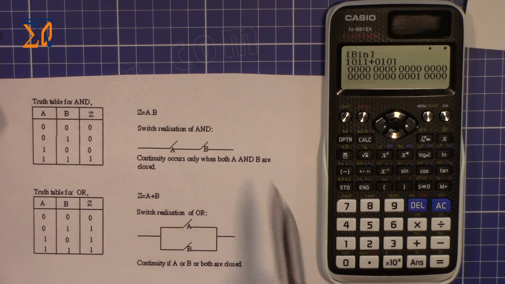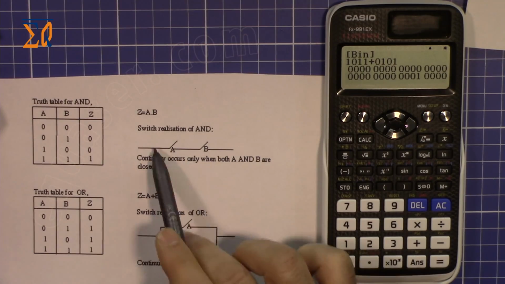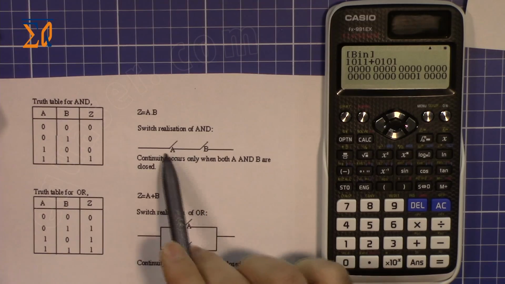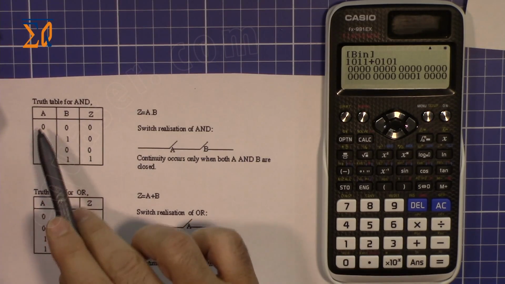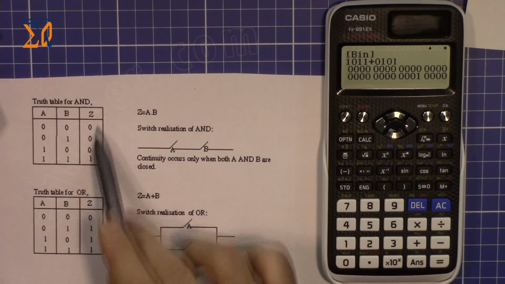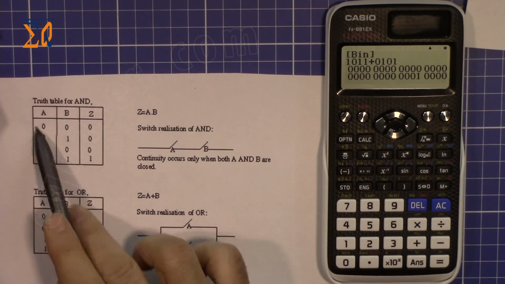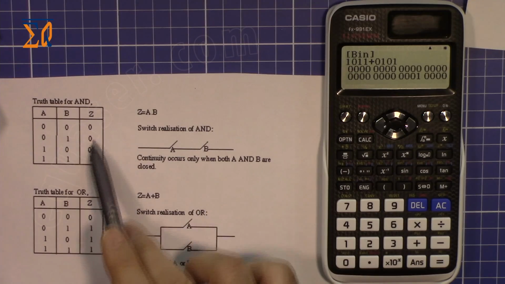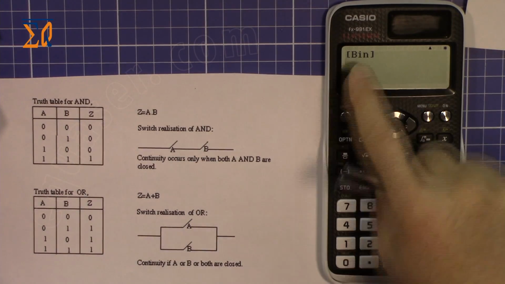So the current or signal passes through A, and B must be connected to pass. So both must be 1 in order to have the output 1. You can see 1 and 1 is 1. All other combinations of 0 and 1, and 1 and 0, result in 0. So that's called AND.